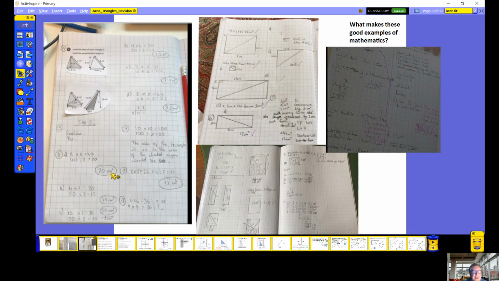So we're definitely talking about area. But workings out here. Look at this one. The area of the triangle is 50. So the area of the shaded region would be 50. The only missing part there is that should be 50 centimeters squared. I think that then should be 50 centimeters squared.